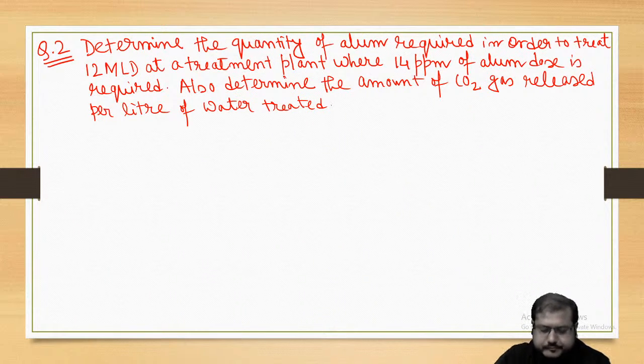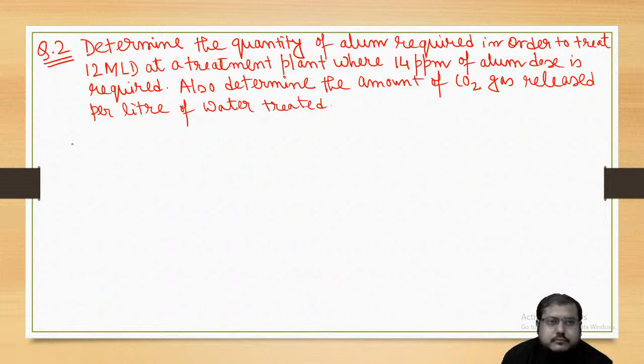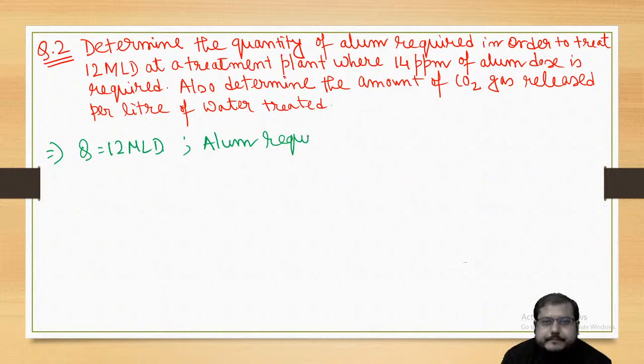Let's solve it. So Q is 12 mld. Alum required 14 ppm. That is 14 milligram per liter.